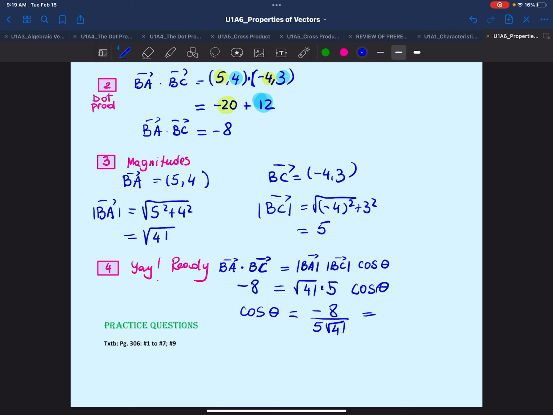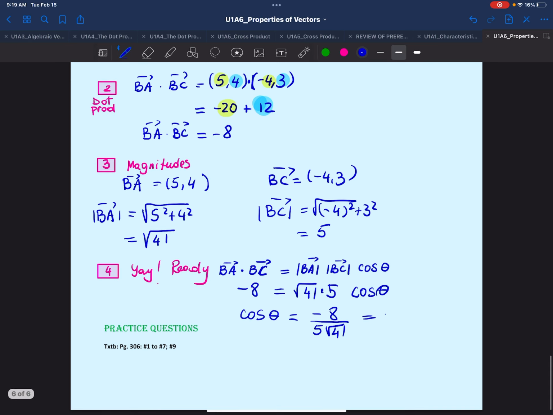So what we have is negative 8, which divides 5 root 41. So we're going to get a fancy decimal number.